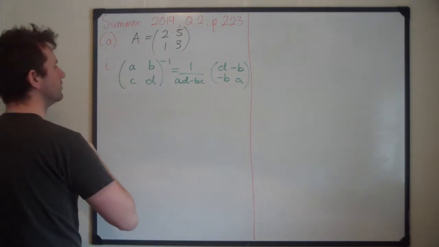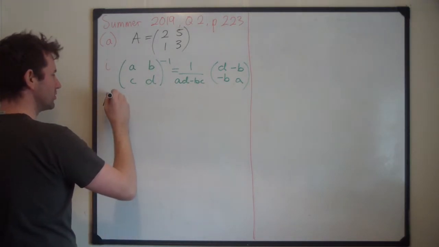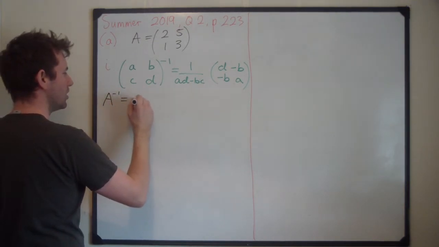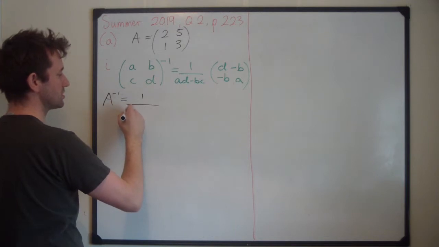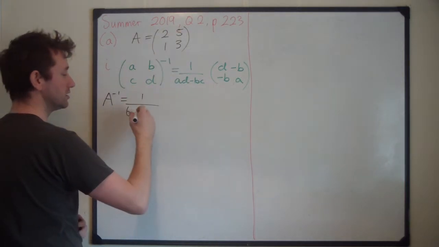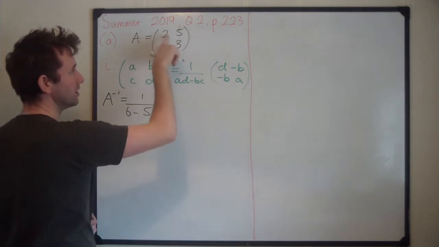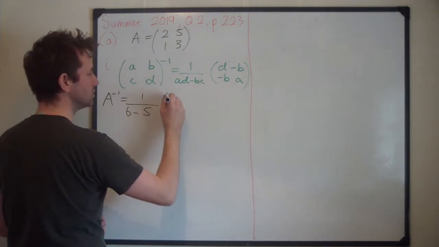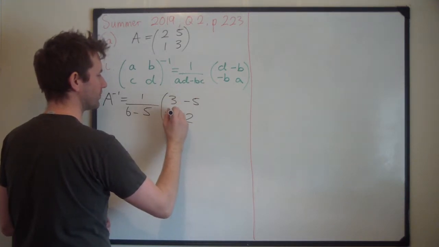We'll calculate the inverse of this. We're about to calculate A inverse transpose, so first we must do A inverse. So 1 over right down diagonal is 2 by 3, which is 6, minus left down diagonal is 5 by 1, which is 5, and then I swap the right down diagonal, so instead of 2 and 3 it's 3 and 2, and I change the sign on the other diagonal.